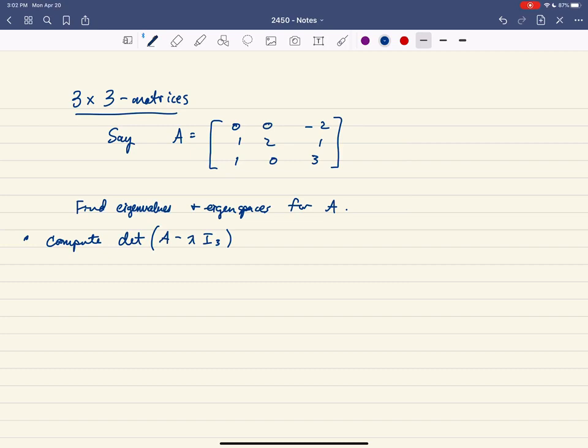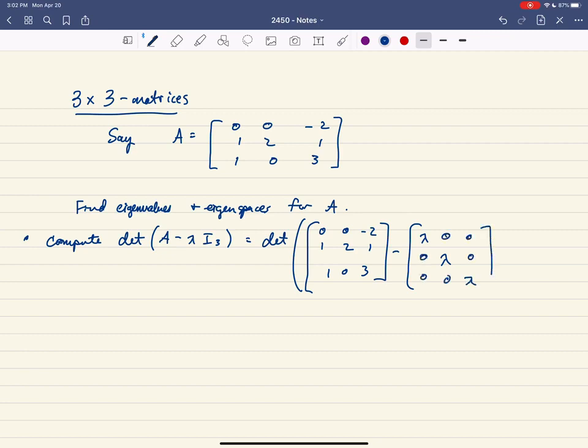And so this is going to be the determinant of A minus lambda I, so the identity times lambda. And if we compute this, this is the determinant of the matrix 0 minus lambda, 0, negative 2 minus 0, 1 minus 0, 2 minus lambda, 1 minus 0, 1 minus 0, 0 minus 0, 3 minus lambda.